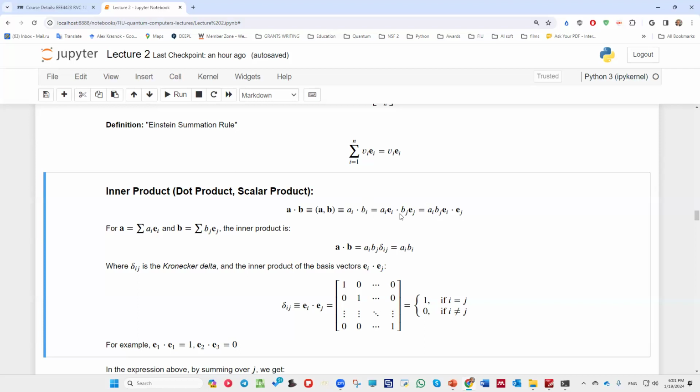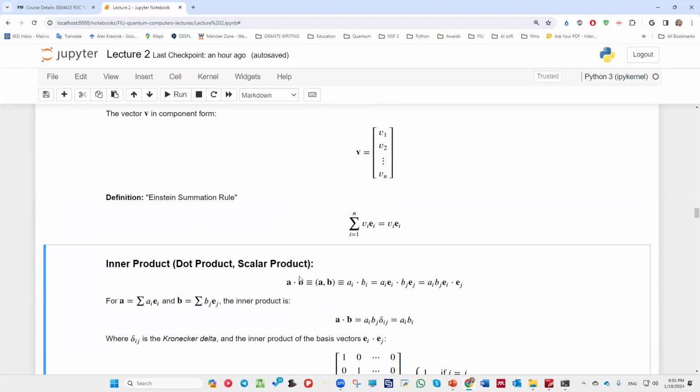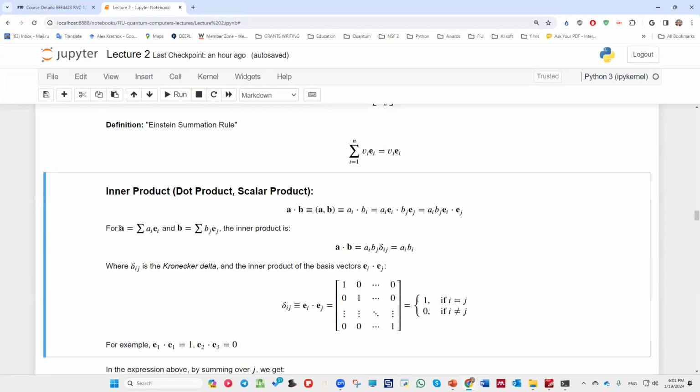The way we get this formula: I have this inner product here, A times B. I substitute for A its representation in the projection form, or component form, and for the vector B as well, into this expression.